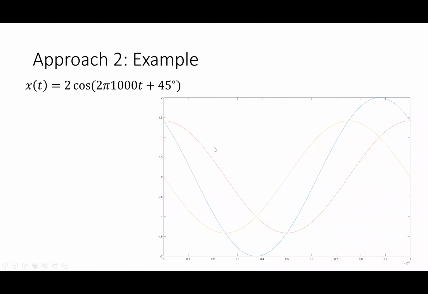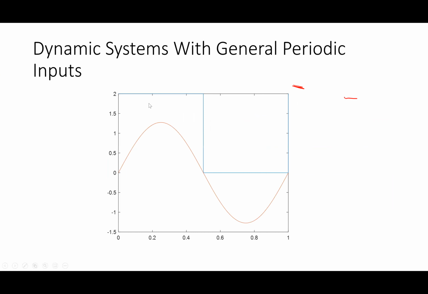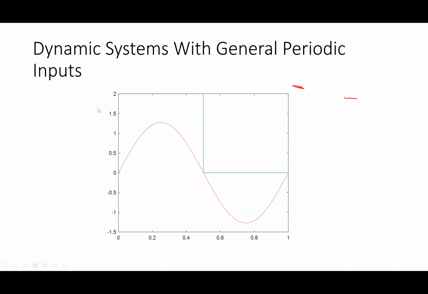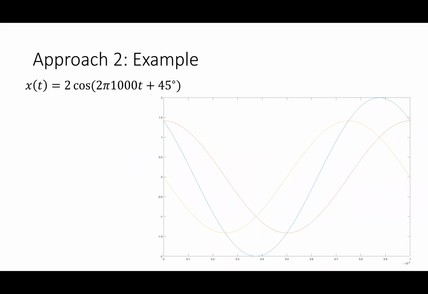Okay, so say I got something like this: 2 cosine 2 pi 1000 t plus 45 degrees. Sorry. All right. So I got this.